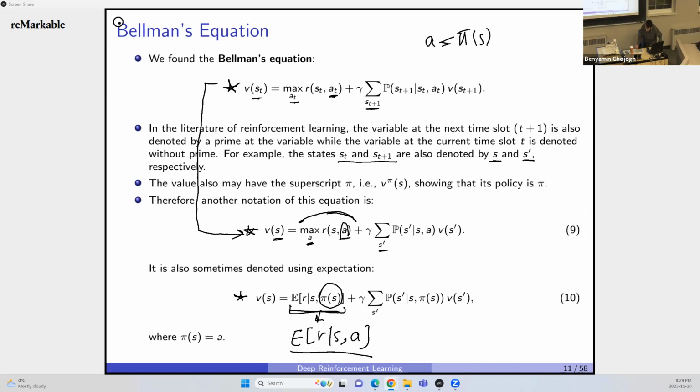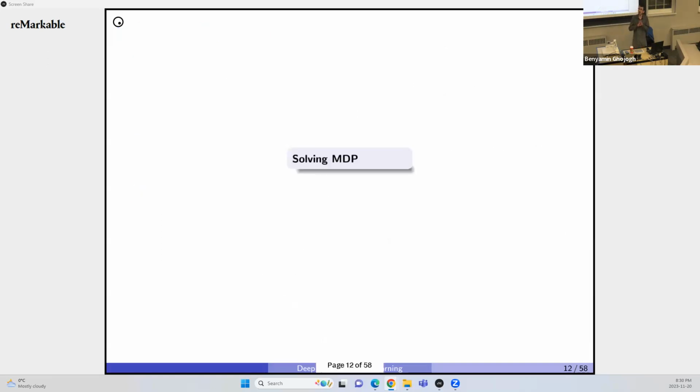And here, rather than action, also have put policy S, where policy equals A. So far clear?